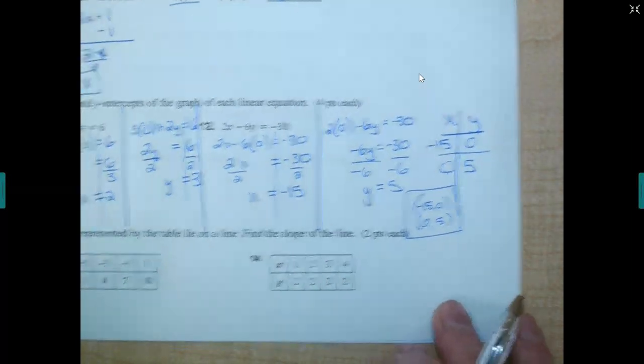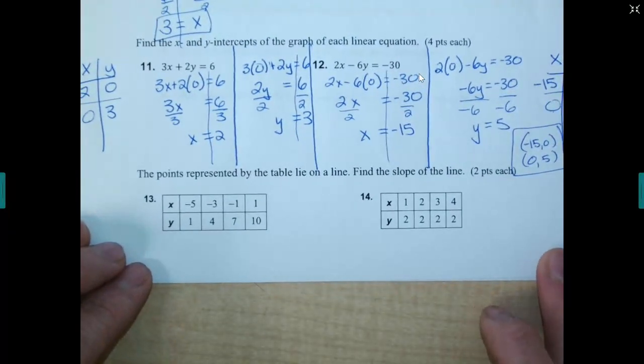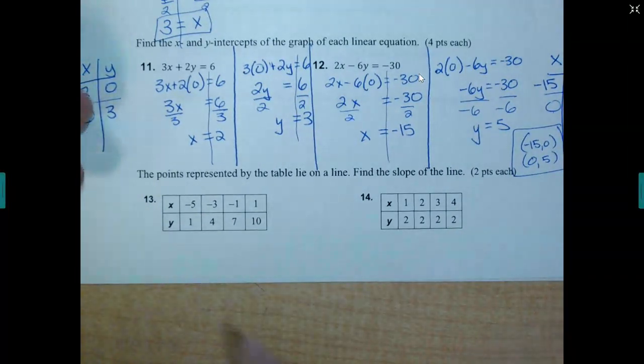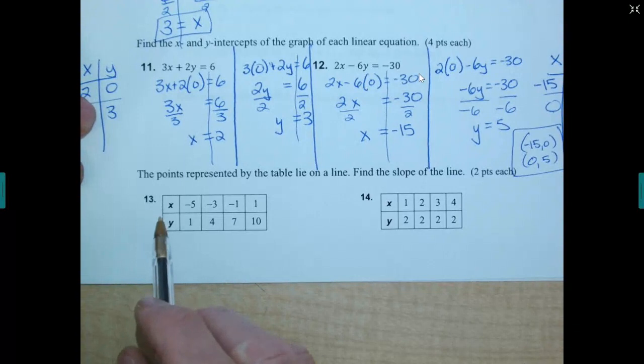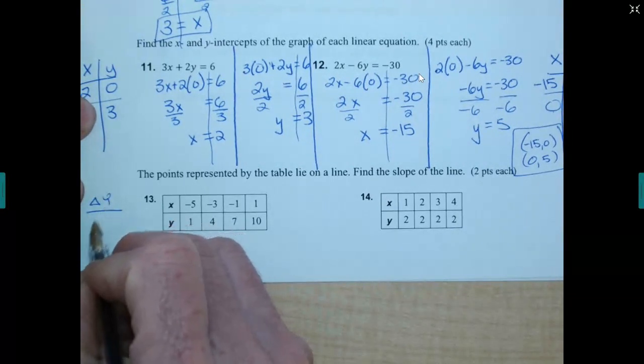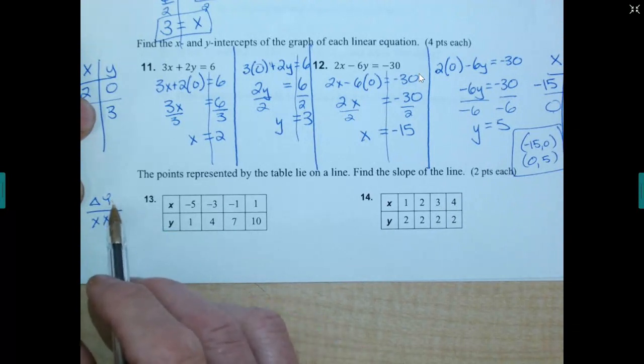All right. Number 13, the points represented by the table lie on a line. Find the slope of the line. Now, please take note. Slope is the change in y over the change in x. Notice that the y is at the bottom here. So I'm going to do the y first because the change in y is on the top.